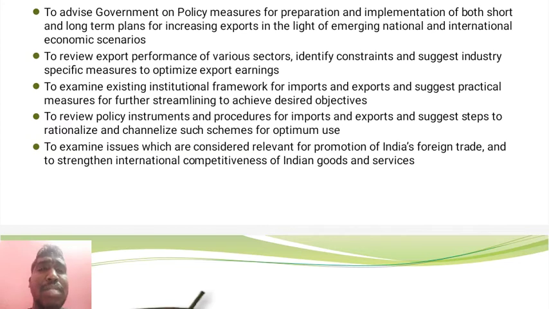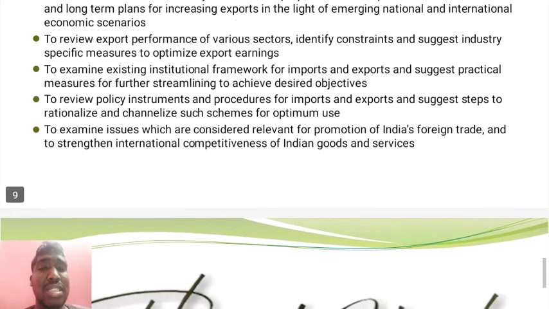The third point is to examine the existing institutional framework for import and export and suggest practical measures. After that, not only do they identify the problems and give solutions, they will implement those solutions and again see whether this is the right solution or whether we have to make some changes or modifications.